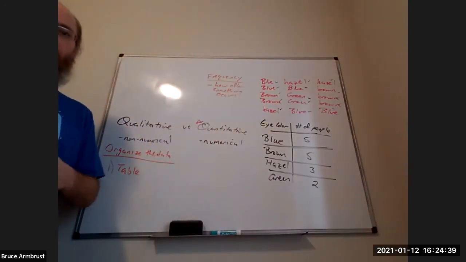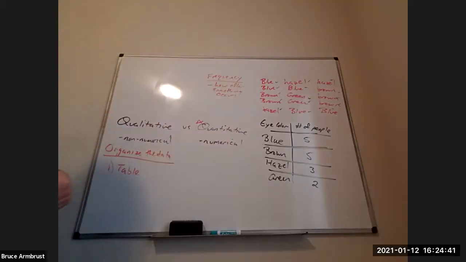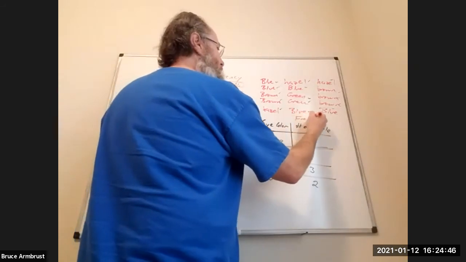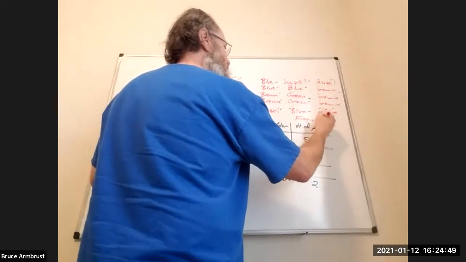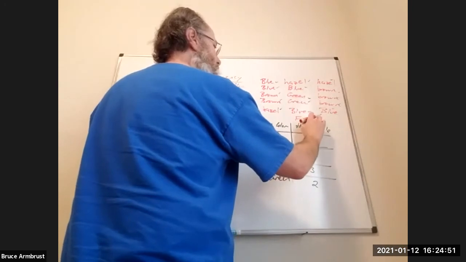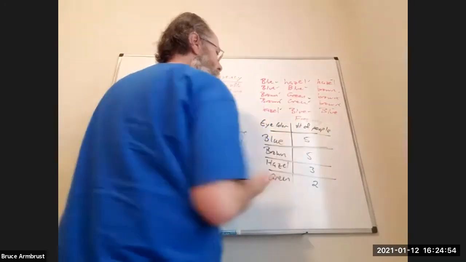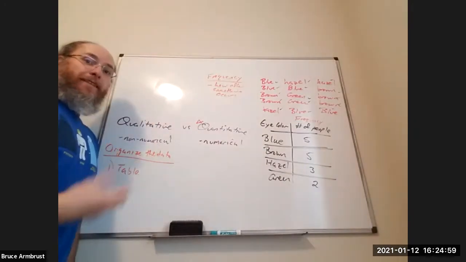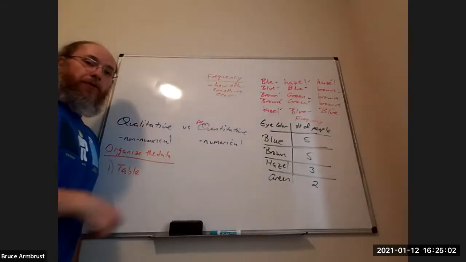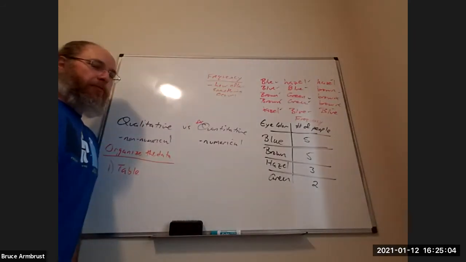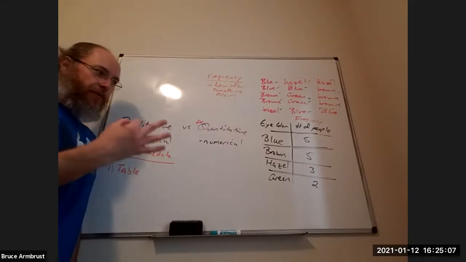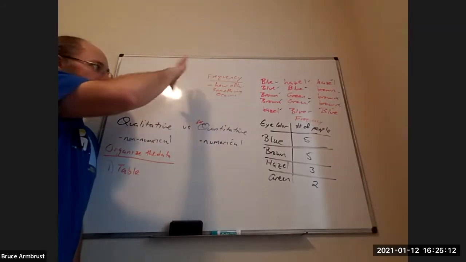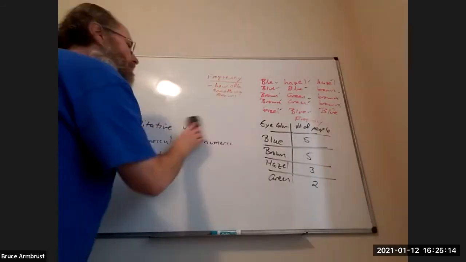And so in our table here, this column that says the number of people, this is the frequency. The frequency of blue is 5. When we asked this question, we got the response blue 5 times. The frequency for brown is 5, for hazel is 3, for green, 2. So that's just frequency, how often something occurs.